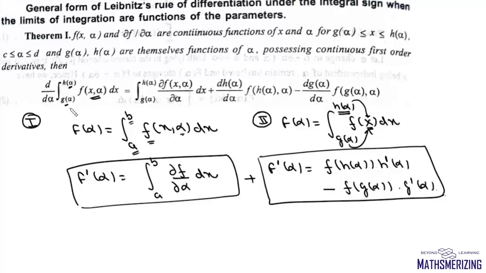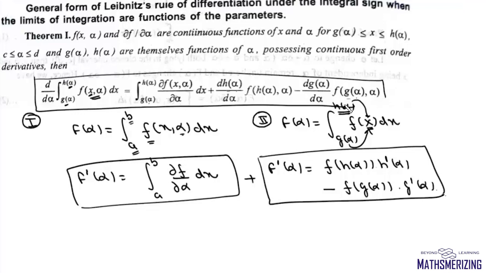If we differentiate, we get the first form, where the limits are the same and we have the partial derivative of the function with respect to alpha, dx, and then plus this form: substitute x with the upper limit, f(h(alpha), alpha) into h'(alpha), minus f(g(alpha), alpha) into g'(alpha). So this is the general form of the Leibniz rule of differentiation under the integral sign when the limits of integration are functions of the parameter.